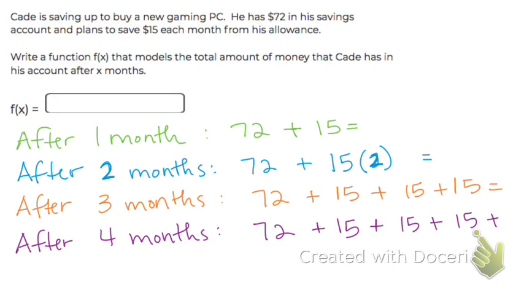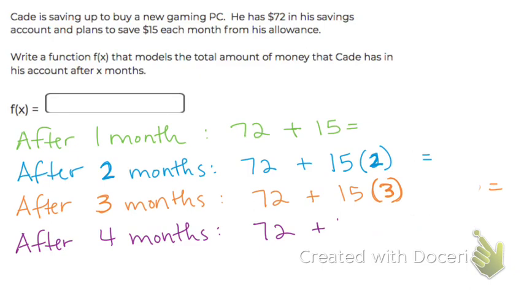After 3 months, I'm adding 15 3 times, which is the same as 15 times 3. After 4 months, I'm adding 15 4 times. So that's 15 times 4.